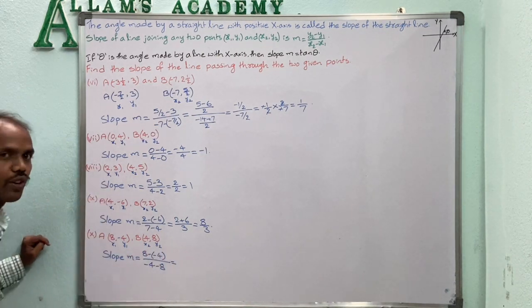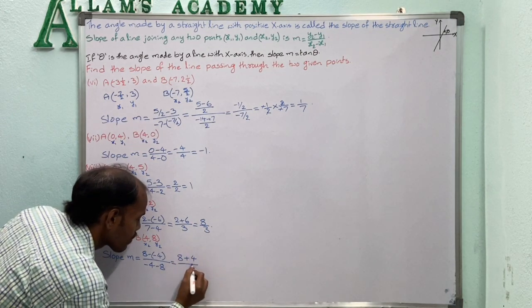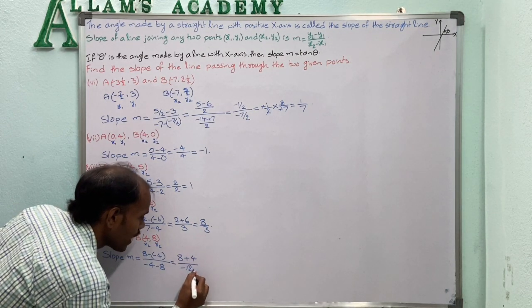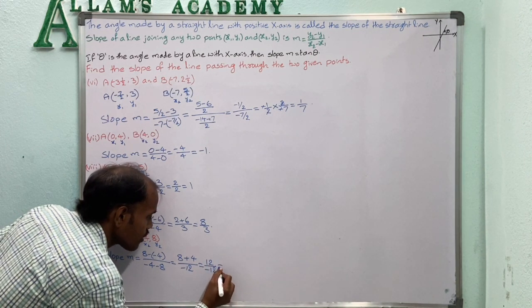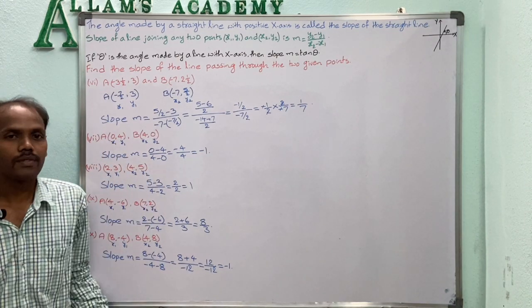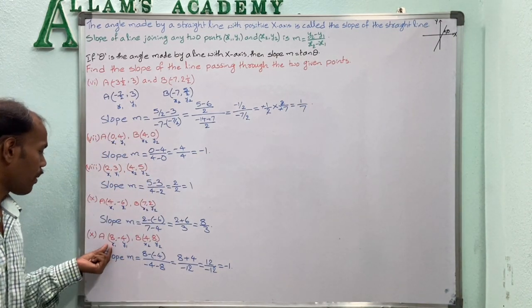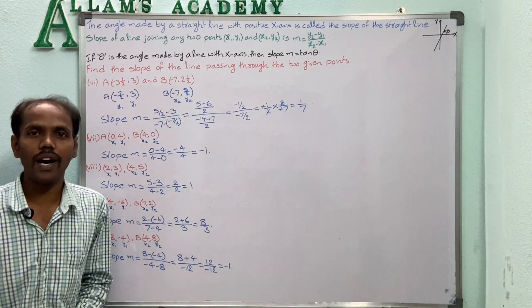Minus minus 4 is plus 4. 8 plus 4 by minus 4 minus 8 is minus 12. 8 plus 4 equal to 12. 12 by minus 12. So 12 gets cancelled, that is minus 1. So the slope of the points 8, minus 4 and minus 4, 8 is minus 1.